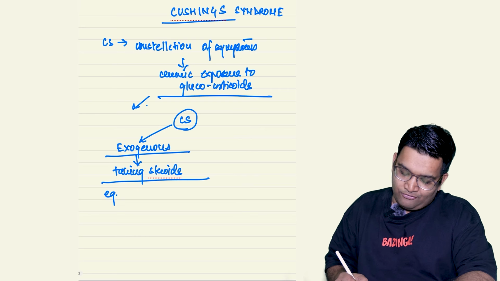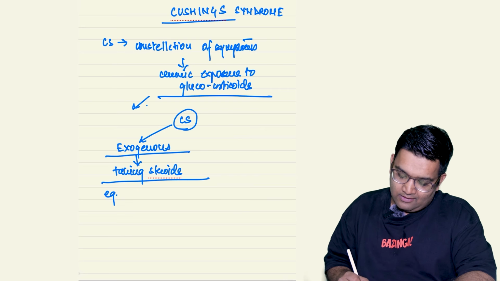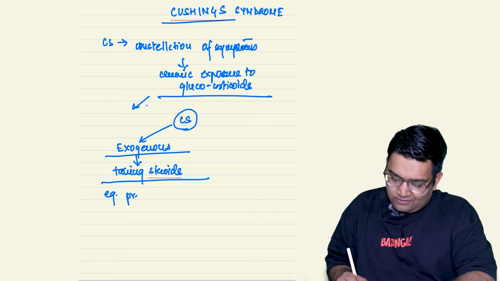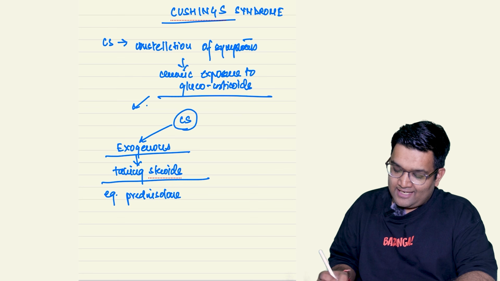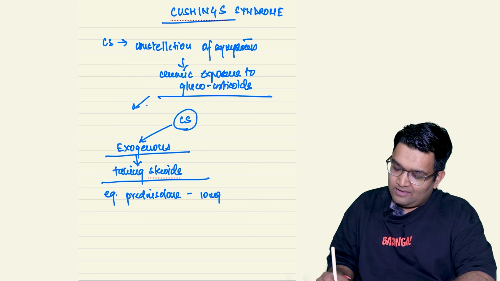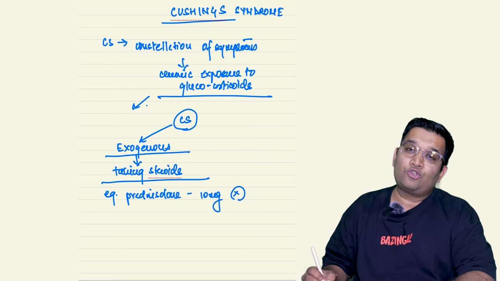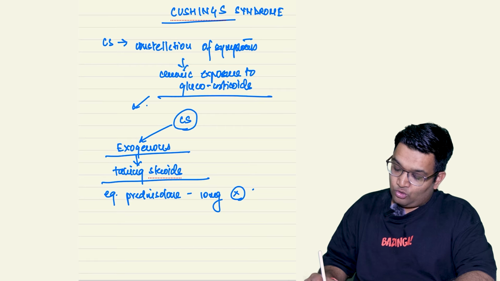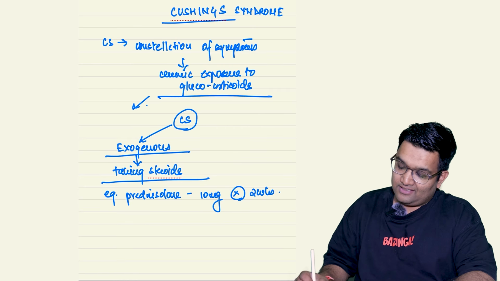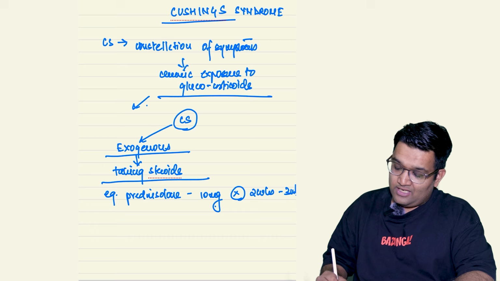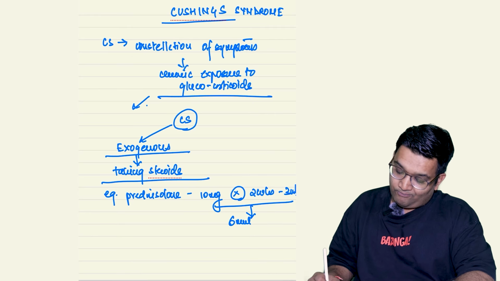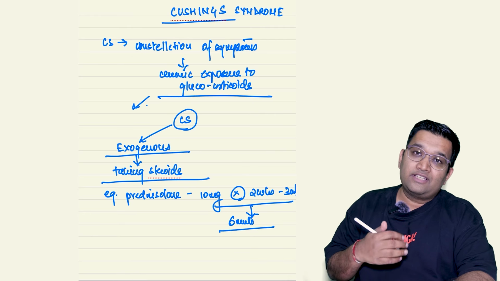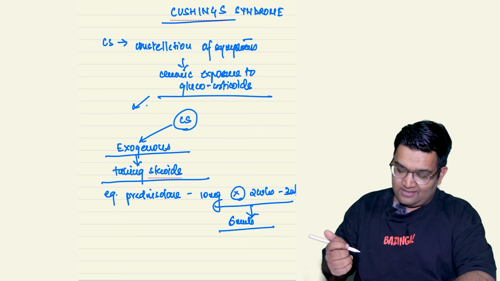For example, if the patient is taking prednisolone in the dose of 10 mg and he was advised to take it for a period of 2 to 3 weeks, and he or she has continued this for a good 6 months. So this is known as exogenous.